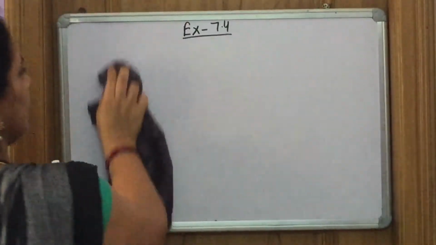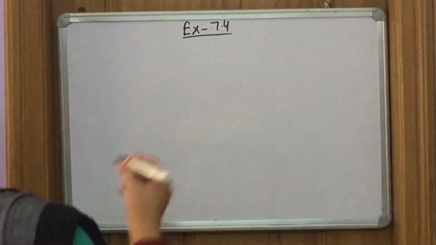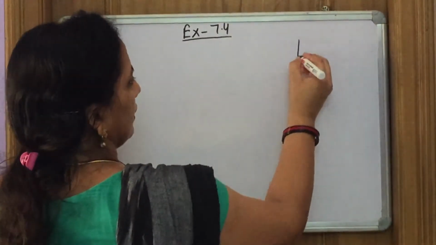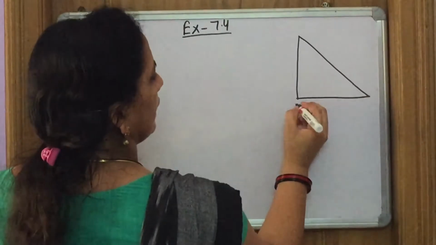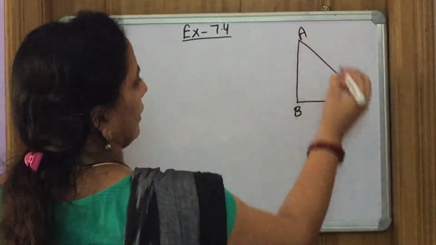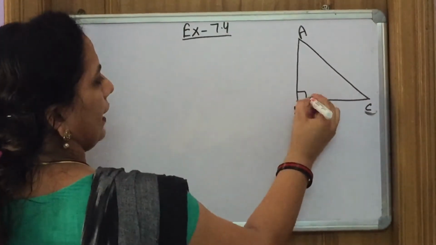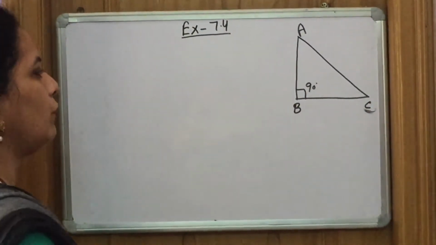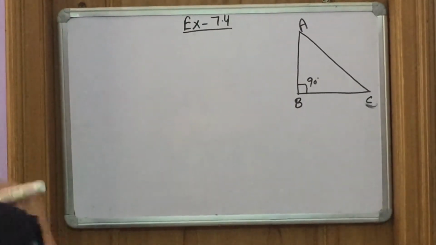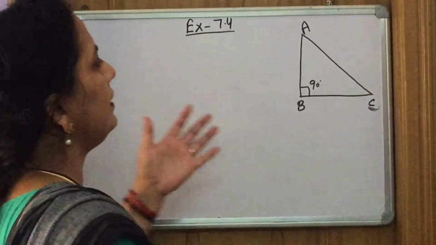Now let's start our exercise. In the first question, you are given a right angle triangle. You have to draw a right angle triangle. Consider at angle B, here we have a 90 degree angle. We have to show that the hypotenuse is the longest side in this triangle.